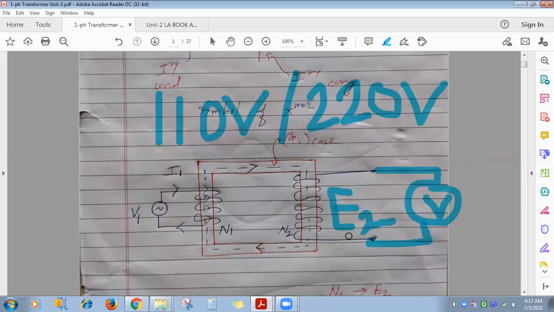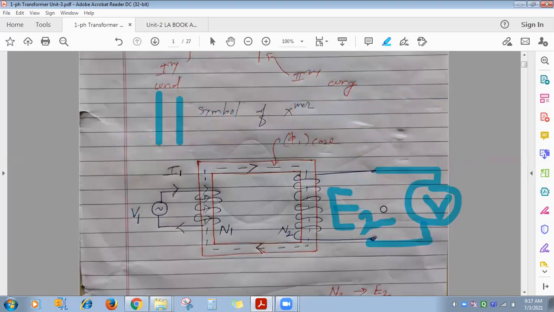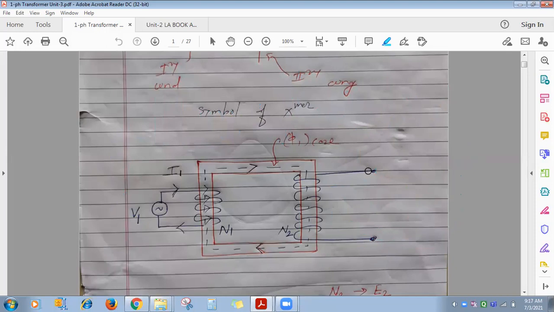Now E2 is the EMF induced, so what is the conclusion? Even if secondary is open, does EMF get induced in it or not? Here secondary is open, but still EMF gets induced in it or not? It gets induced. Okay. Now will current flow through secondary?